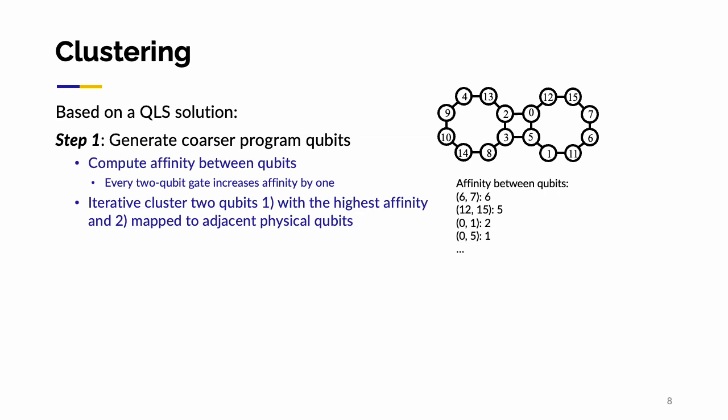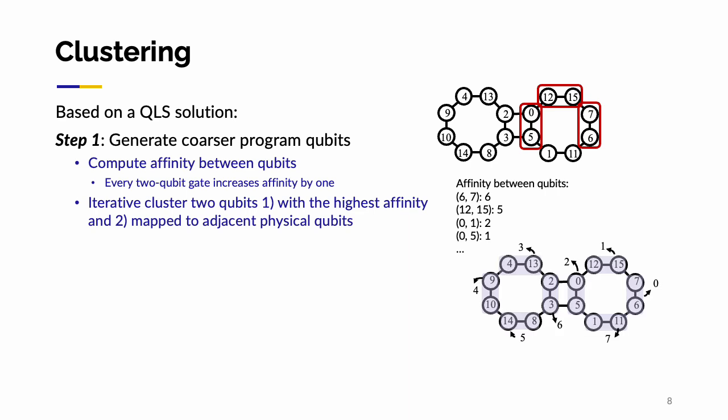We will iteratively cluster 2 qubits that has the highest affinity between them. And the second condition is they map to adjacent physical qubit. So for example, we will cluster qubit 6 and 7, then 12 and 15. For 0 and 1, since they are not mapped to adjacent physical qubit, we won't cluster them in this case. Instead, we will continue and cluster the next entry in the list, which is 0 and 5.